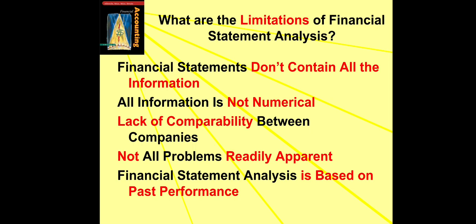Okay. And then number 3, lack of comparability between companies. I have said earlier, when you want to make the analysis, you can compare company A, company B, company C, company D. But you have to be aware that there are no two same companies. For example, in Malaysia we have at least four big telecommunication companies.